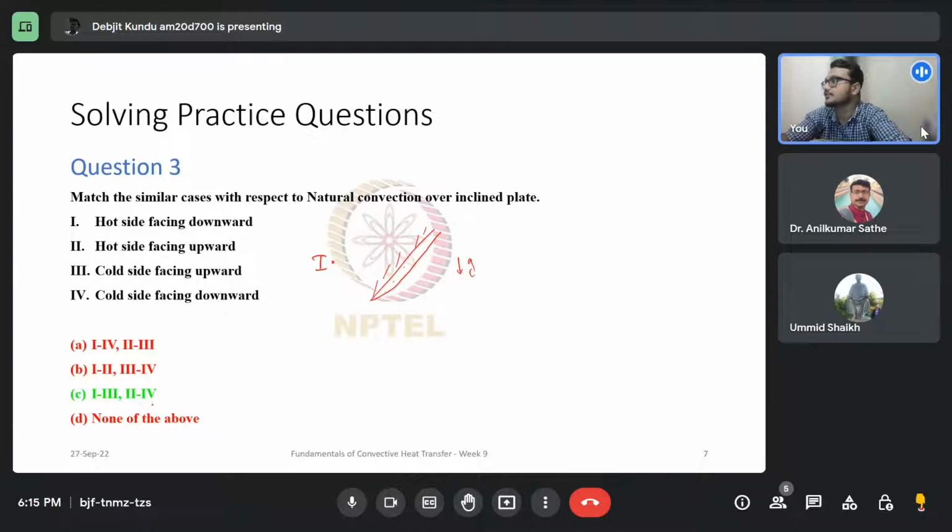Similarly, if we consider the corresponding case of option 3, which is cold side facing upward, we will have the flat plate like this, and here the fluid near the wall loses heat to the wall, to the solid, and then that fluid would get heavier, the density would go higher, and it would try to go down.